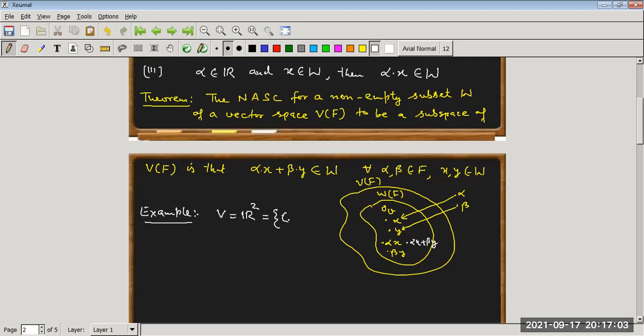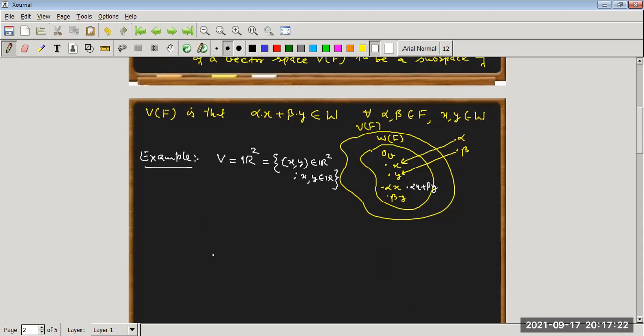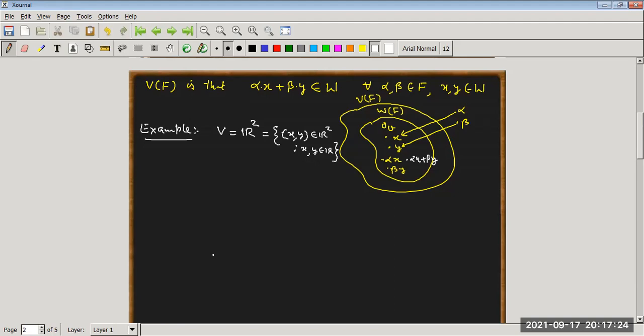They are in the form of ordered pairs x comma y, such that x comma y belongs to R. We have already proved that V equal to R2 is a vector space over the field R. Here we take the field F to be the set of real numbers. We have already discussed this.